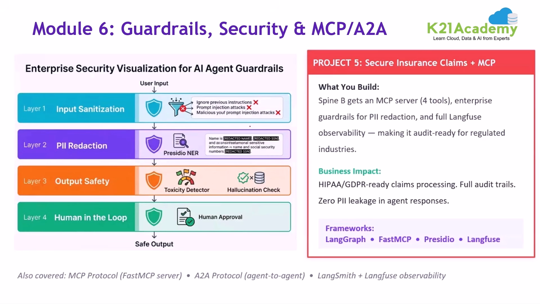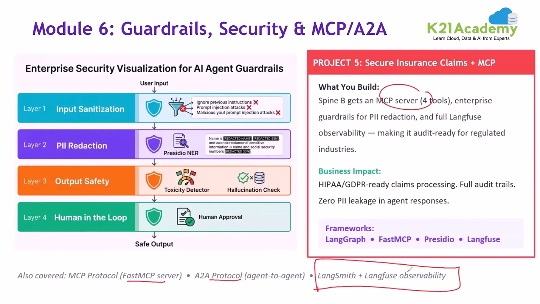So in project 5, which is largely going to be built on MCP, we'll learn how to use the MCP and A2A protocol. The end-to-end project will also include Langsmith and Langfuse observability. I briefly talked about observability, which is basically a 30,000 feet view of the entire system. What is really happening in each and every step.